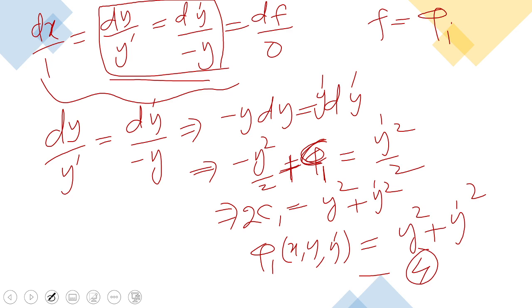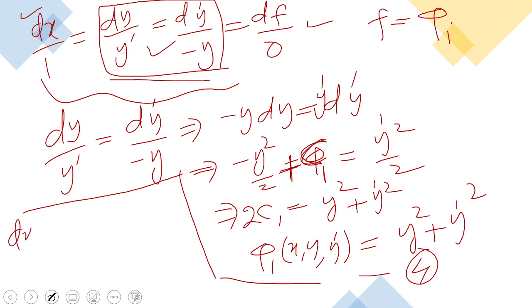Now I need a second first integral from this equation. So what I have to do is take some combination of these two with this one. So what is that combination? You see, I can write this equation again in this way.